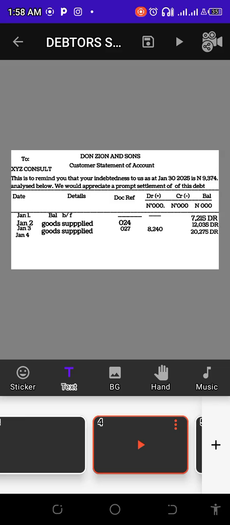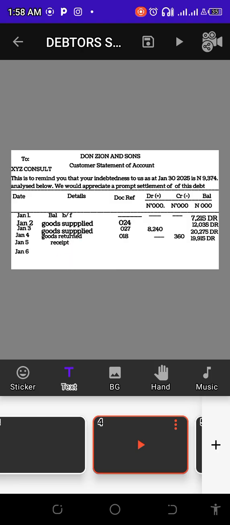By January 4, there is good return. Good return will reduce it, so it's going to be by the credit side, and you deduct that from the balances you have already gotten. That is 20,275 minus 360, and you now have 19,106 debit, still debit.